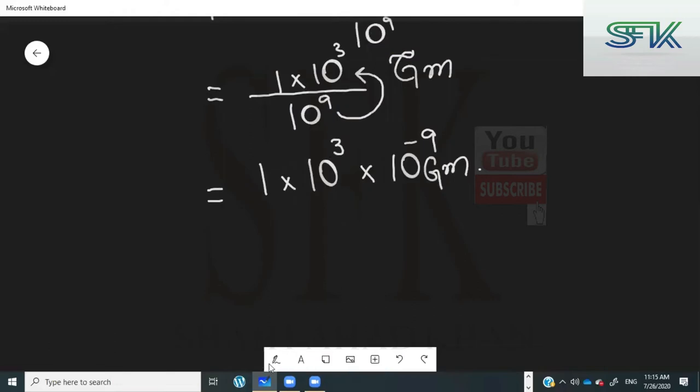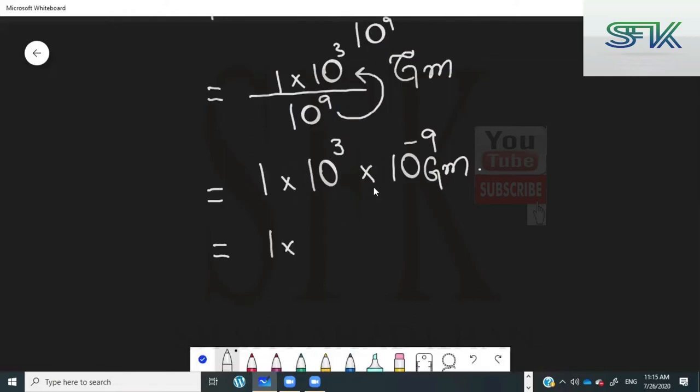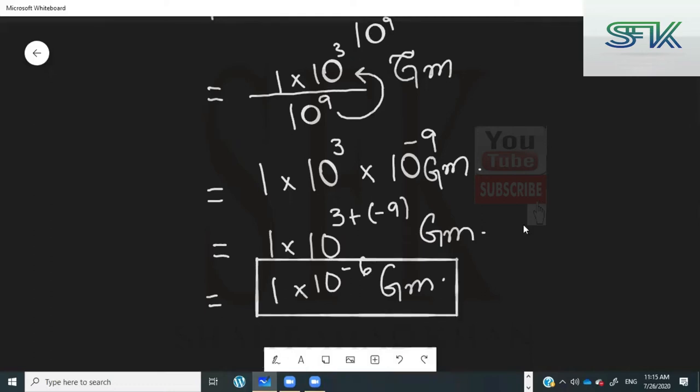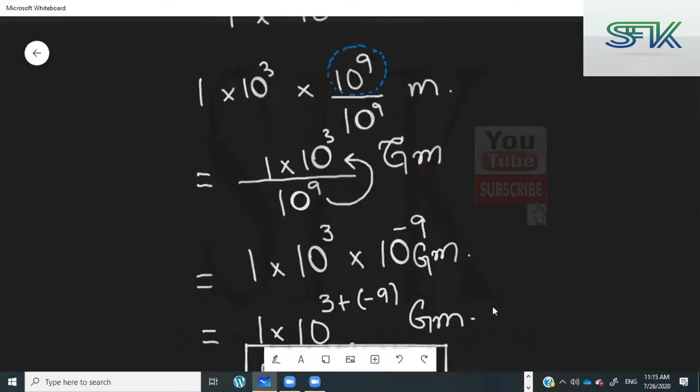Once I've done that, just apply your previous knowledge of math over here. Whenever the bases are the same, the powers get added. 3 will get added to minus 9, and you are going to get 10 raised to the power of minus 6 gigameters. 1 kilometers is actually equal to 10 raised to the power of minus 6 gigameters. Okay? These are the steps.